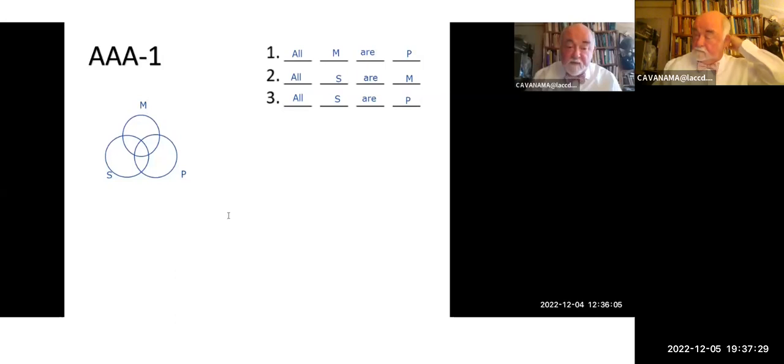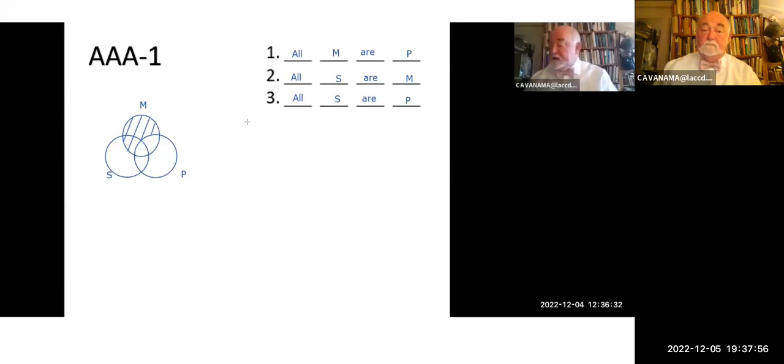Let's just go ahead and do the first one first. All M are P. That is to say, if anything is an M, it's also a P. So therefore, those bits of the M outside of P are empty and therefore are shaded. Once again, it's both bits of the M which are outside of P. Two things to mark, we mark both.